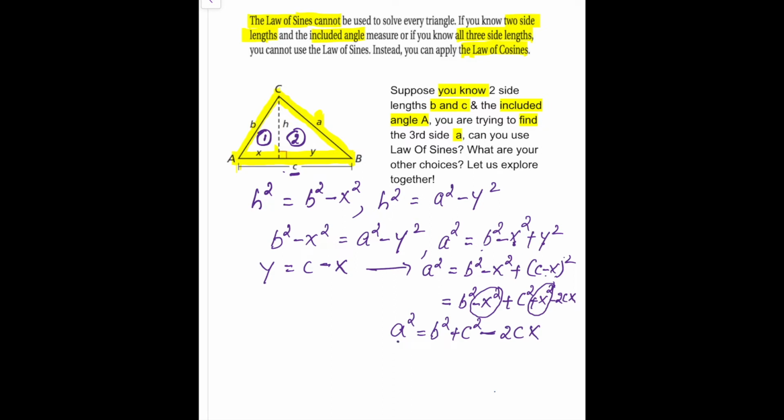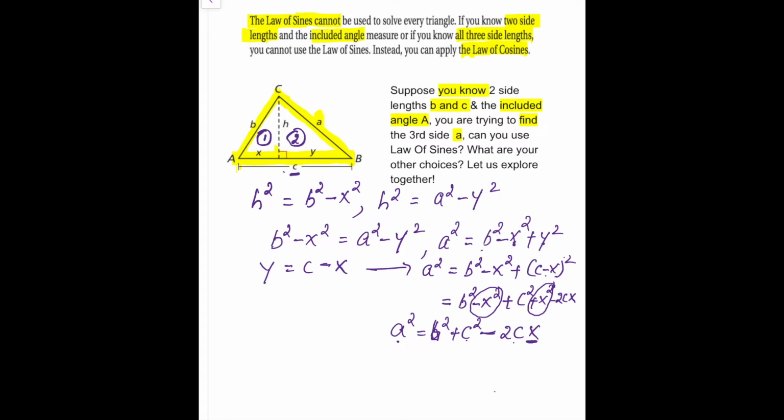Yes, we need to find a, so we have a to the second power. We know b, so b squared we can easily find. C we know, so c squared as well. But somehow we have to connect the unknown x with the knowns.